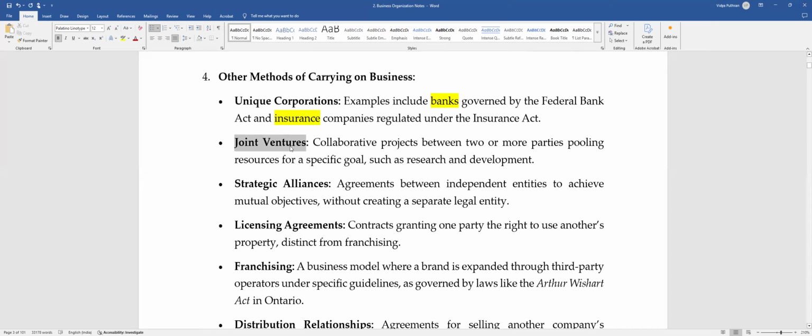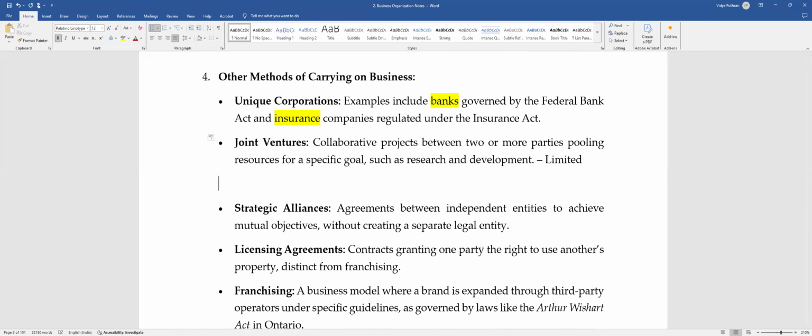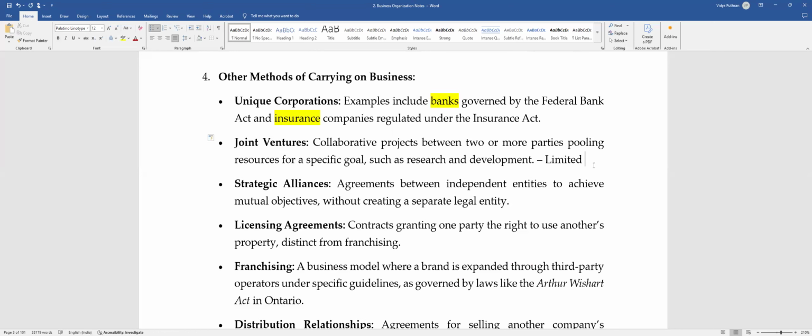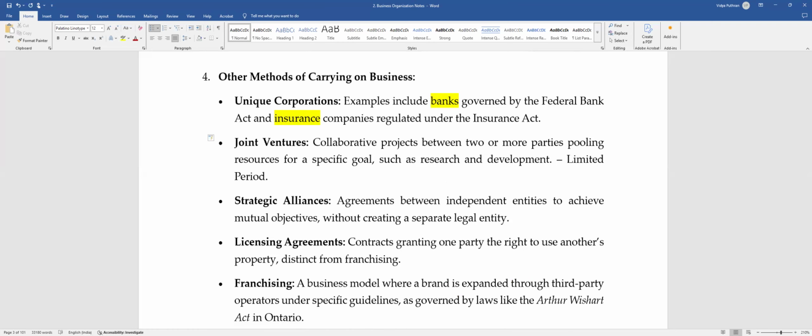Then, as I was saying, joint venture is also something. But in a joint venture we can see one thing. Joint venture and partnership are different because even though here also two or more people are pooling resources for a specific goal, here it is for a particular time period. Here there is a limited time, like me and you collaborating for business law exam preparation, right? So here there is a limited period. After that you pass your exam, you move on with your life, you teach other students, we are done, right?